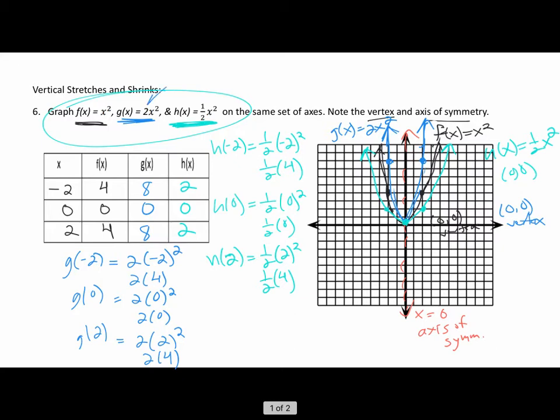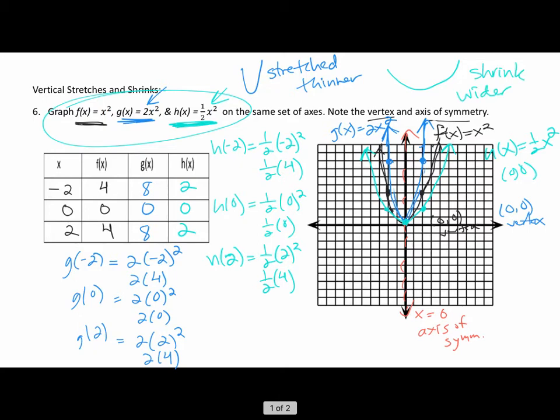You'll see that the 2x squared graph kind of looks like it was stretched so that it's thinner. And the 1/2 x squared graph looks like it was flattened. So that's a shrink. It's wider.